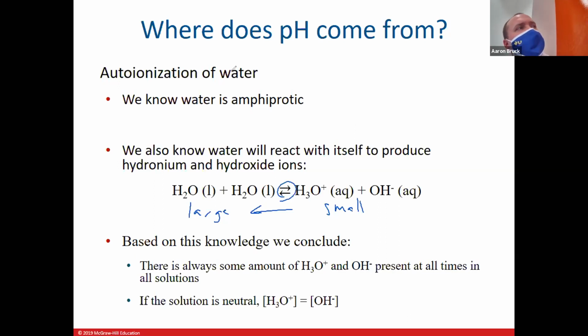of ions will be present relative to the amount of water that does not ionize. But based upon this idea, we know that regardless of any interaction with acid or base, because of the autoionization of water, there will always be hydronium and hydroxide present in the solution at any given time.